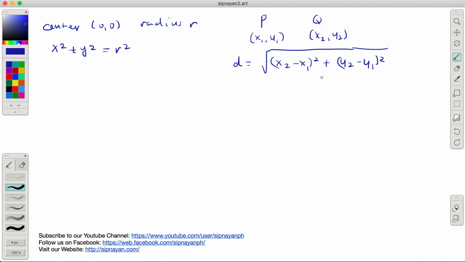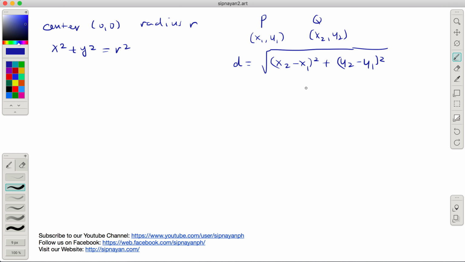If you watched our video on the derivation of the distance formula, you'll know that this also came from the Pythagorean theorem.